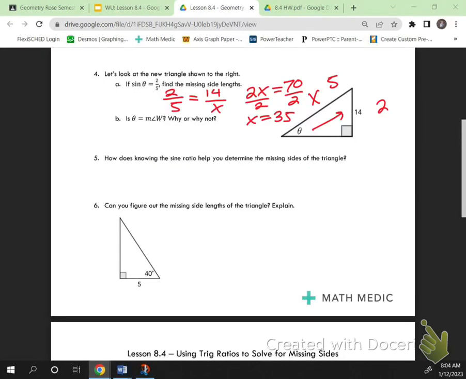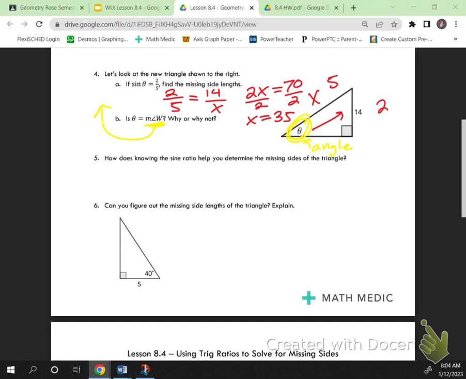All right. So now it's asking us, is theta, this angle right here, the same measure as angle W in our very first triangle? Why or why not? Let's compare.